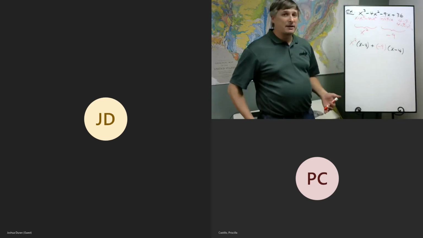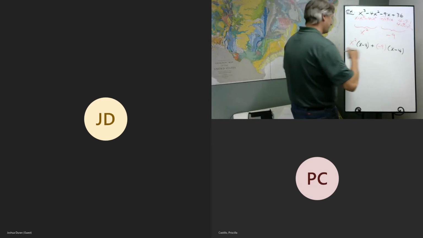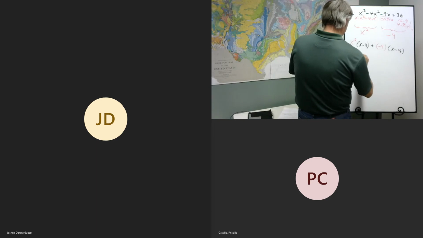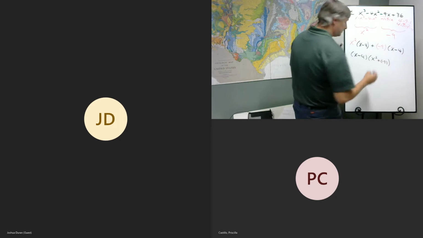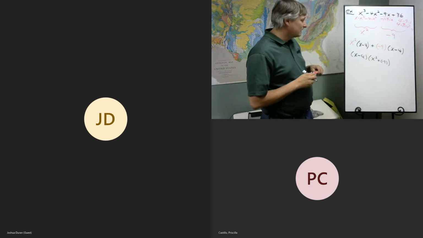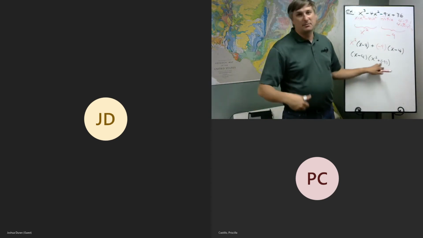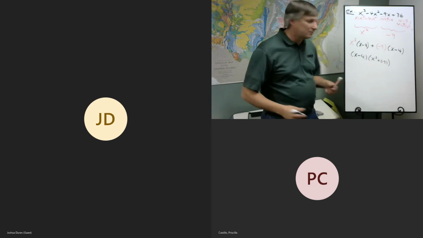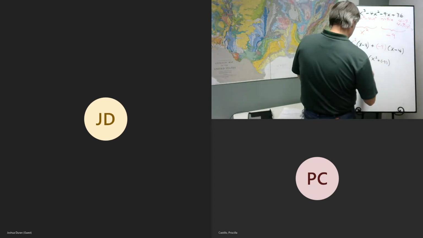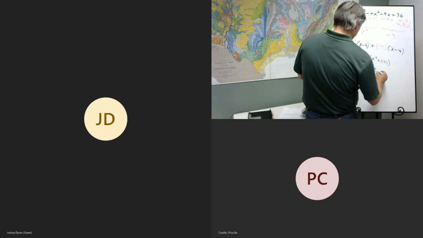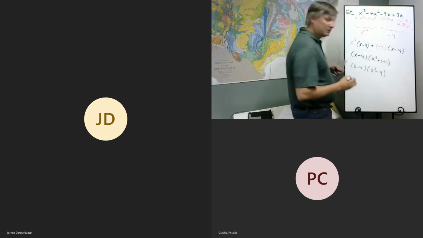So let's factor out the x minus 4. So we'll have x squared plus minus 9. Or plus and minus is the same as subtraction. You'll have this.